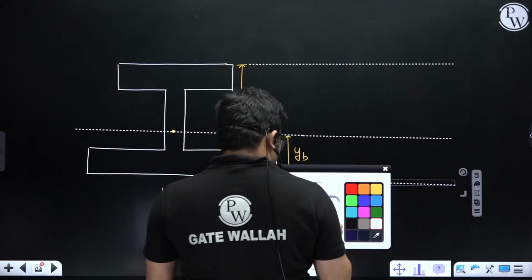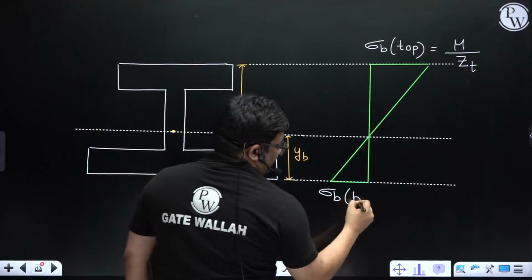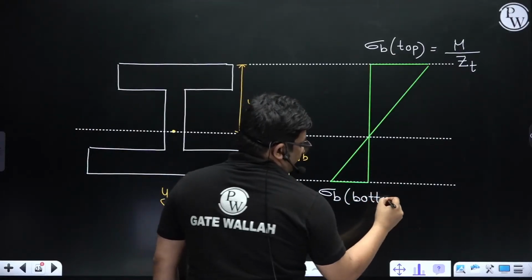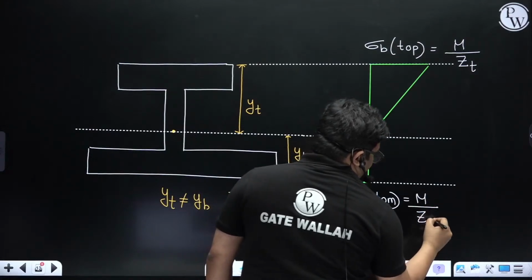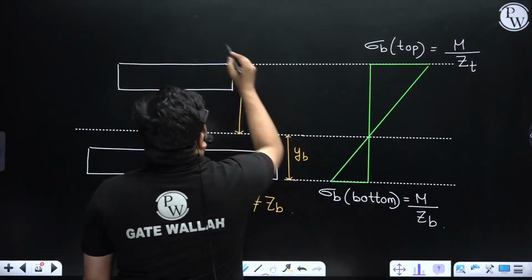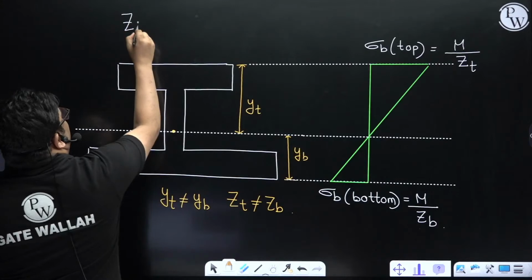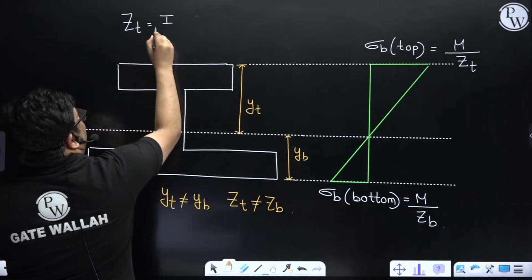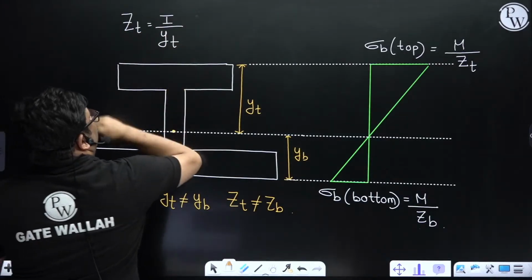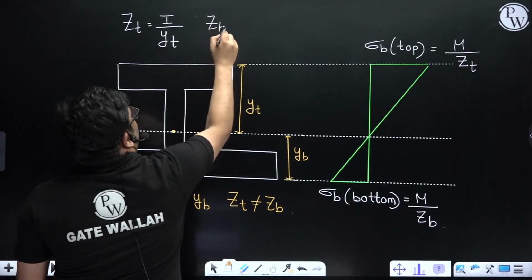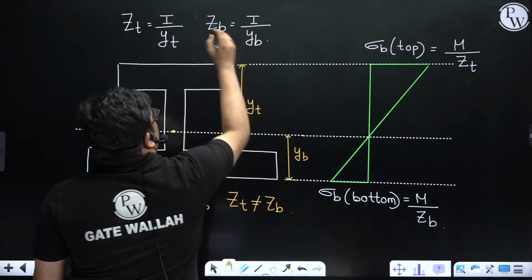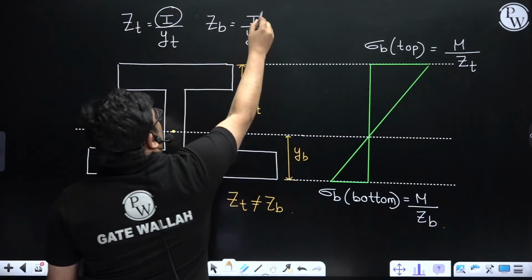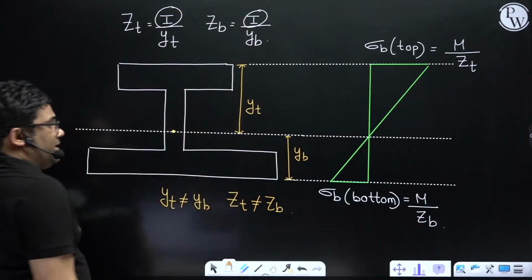The stress will be bending moment by z bottom, right? And z top will be I by y top, and z bottom will be equal to I by y bottom. The I is the same, but y top and y bottom are not the same, right?